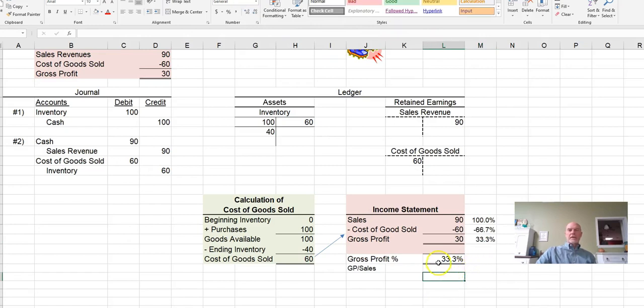So again, that gross profit percentage that we calculated, if you want to think of it as the gross profit represents one piece of that sales price, and the cost of goods sold represents the other part of it. So in this case, the cost is 2/3 of the sales price, or the sales, and the gross profit is that other third.